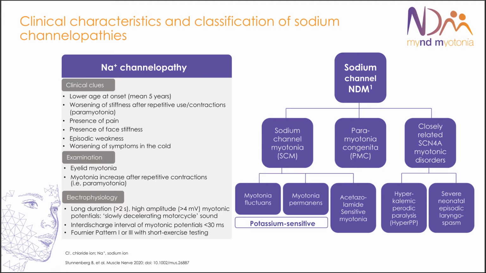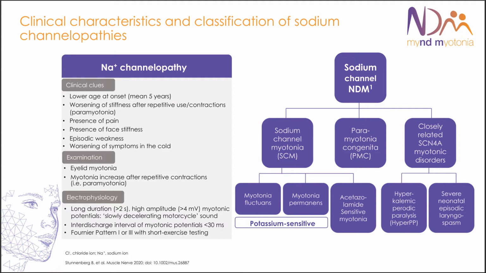The sodium channel differential diagnostic pathway is shown here with sodium channel myotonia, comprising potassium sensitive forms, which are myotonia fluctuans and myotonia permanens, and the acetylcholine sensitive myotonia. Paramyotonia is clinically, I would say, the most clear form, with the classical paradoxical myotonia increasing with repetitive muscle contractions.